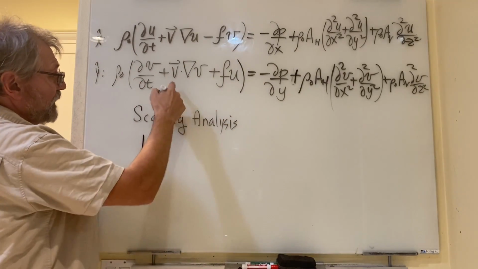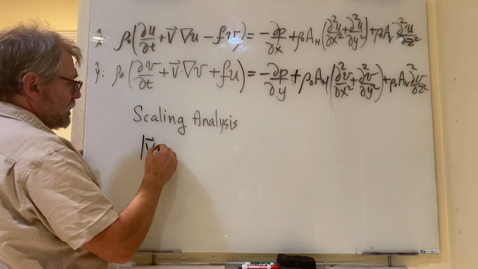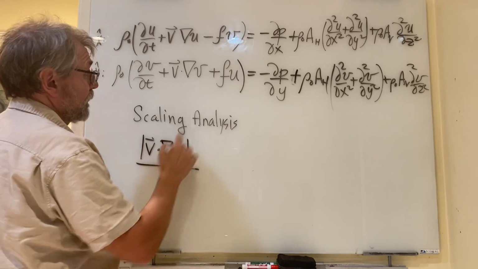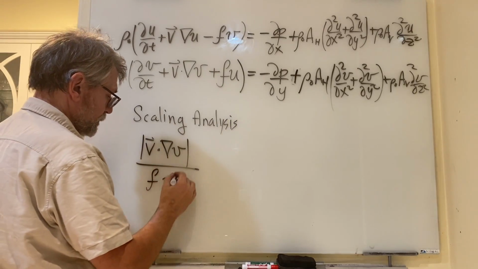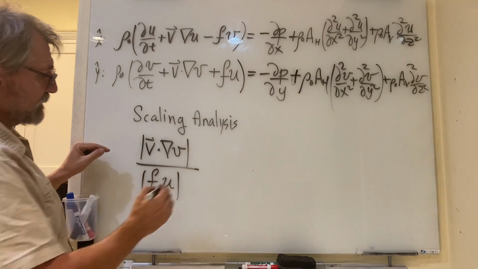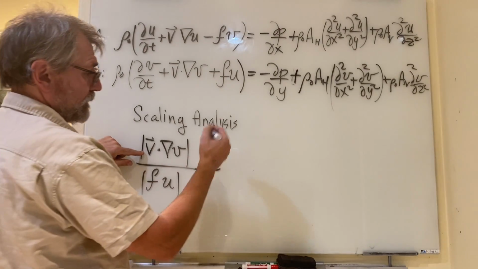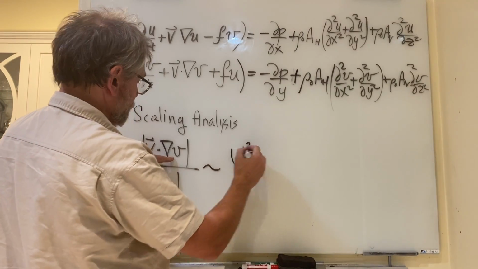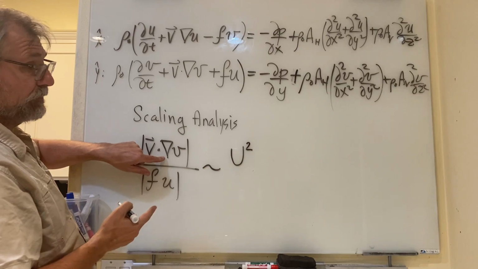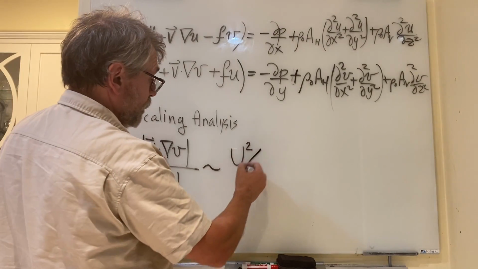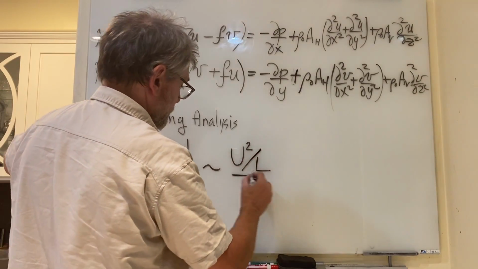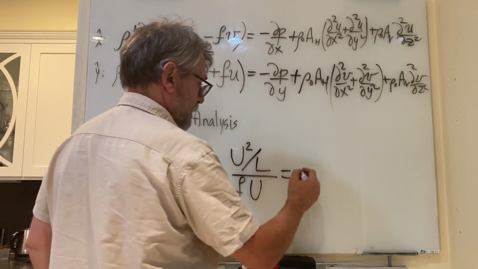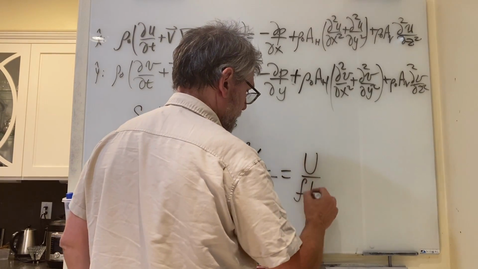So if I take the advective term, v dot grad v, over this term, f u, and I plug in the scales, the typical velocity scale is going to be like u, and v also scales as u. The gradient is like a derivative in space, so that'll go like 1 over the length, L, divided by f times u, or u over f times L.